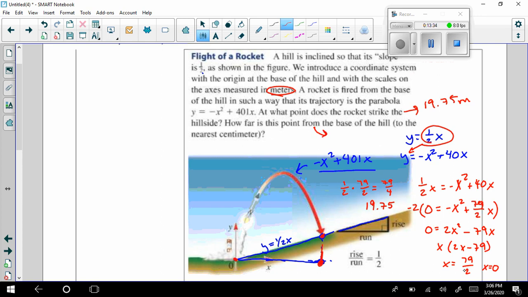The point from the base is 79 over 2, which is 39.5 meters. It says nearest centimeter. Just don't cut that off. Don't round back up to 40.